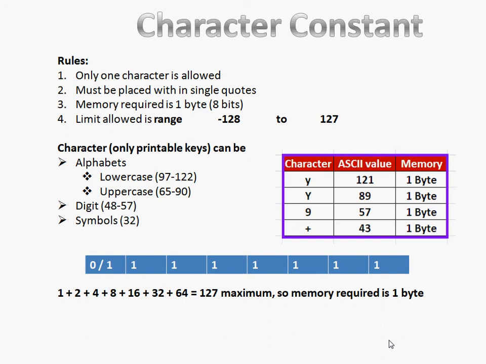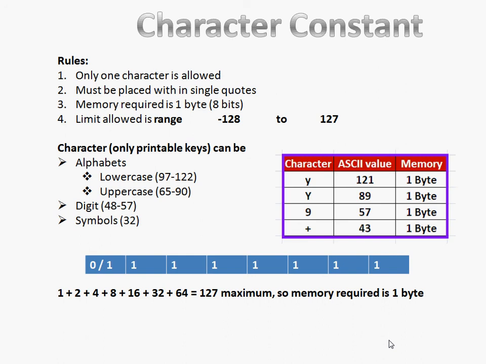In the character constant, only one character is allowed, and that should be placed compulsorily in the single quotes. As it is only one character, the memory required for this is 1 byte, which is 8 bits, and the range allowed is from minus 128 to 127.